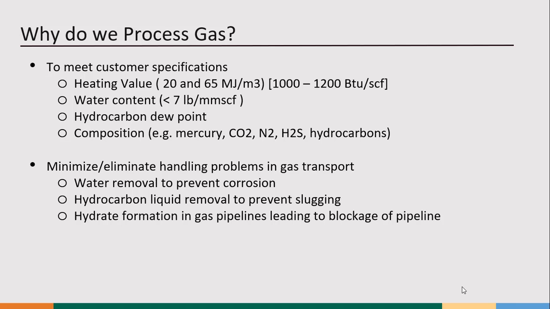So water is removed to prevent corrosion. Hydrocarbon liquid is removed to avoid slugging, because if you have a slug in the pipe, at the end facility you have to put a big slug catcher. Too much liquid and high two-phase velocities are not good for piping, and the high momentum can cause damage to the piping.